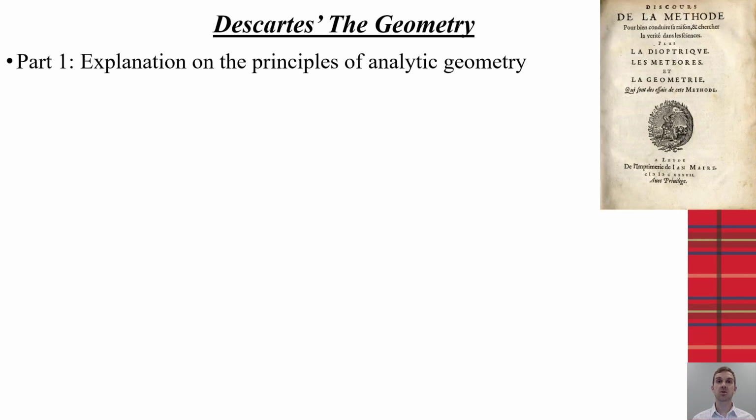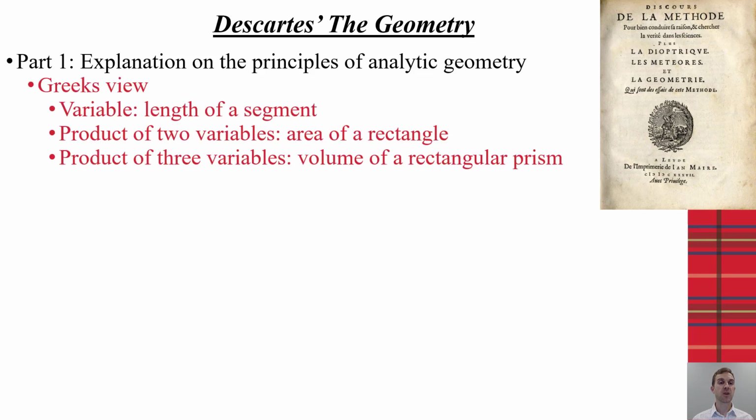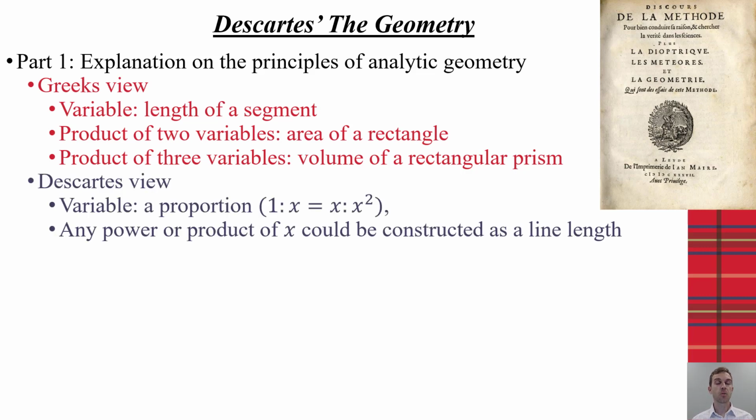Within the Geometry, the first part focused on the principles of analytic geometry, moving away from where the Greeks viewed a variable as the length of a segment, the product as the area of a rectangle, and the product of 3 variables as the volume of a rectangular prism. Whereas Descartes moved the idea of variable to that of a proportion.